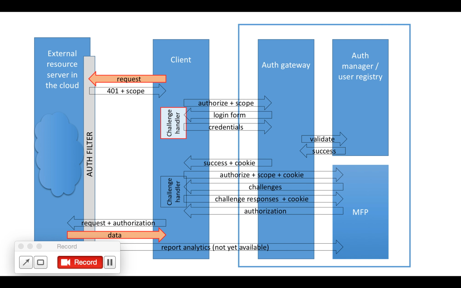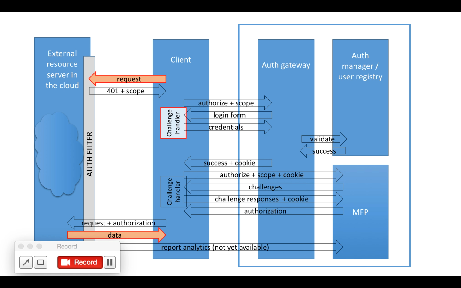So if we take a look at the standard flow that we've seen here, the client makes a request. Okay, next thing, the client knows, the challenge handler kicks in, because that's the way it was programmed. So the client needs to take care, in this user authentication challenge handler, of actually gathering the username and password from the user and sending them to the authentication framework that will make the request, right?